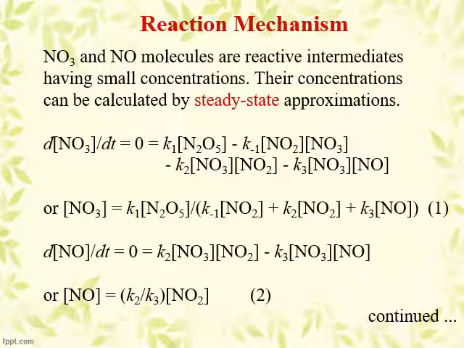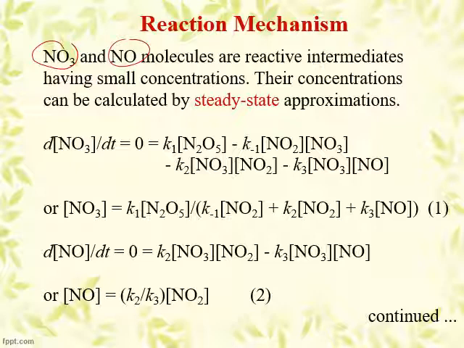So we identify first the intermediates which are not in the overall reaction. In this case, they are NO3 and NO. Because their concentration is very small, it can be calculated by the steady state approximation approach.